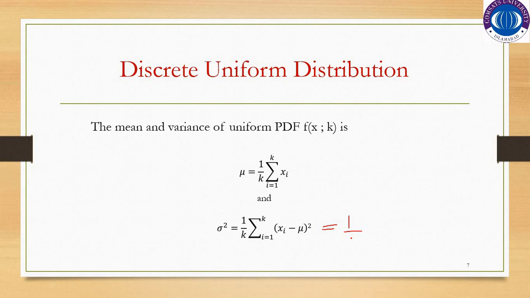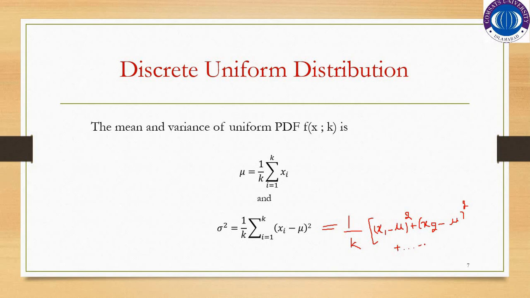1 by k times x1 minus mu whole square. You can open this summation in this way, plus x2 minus mu whole square, plus up to so on.